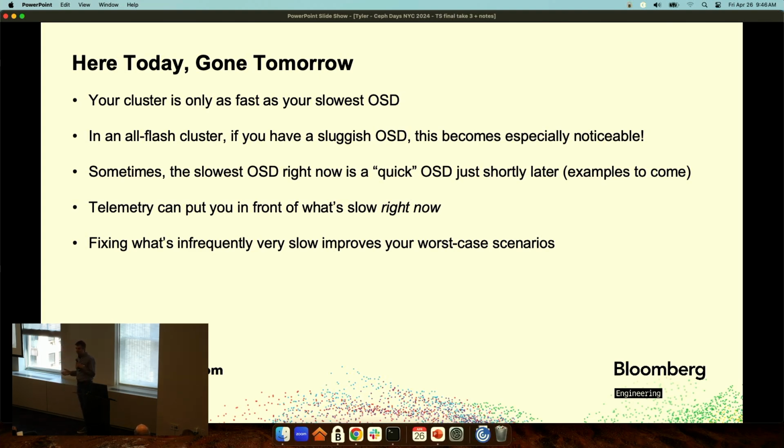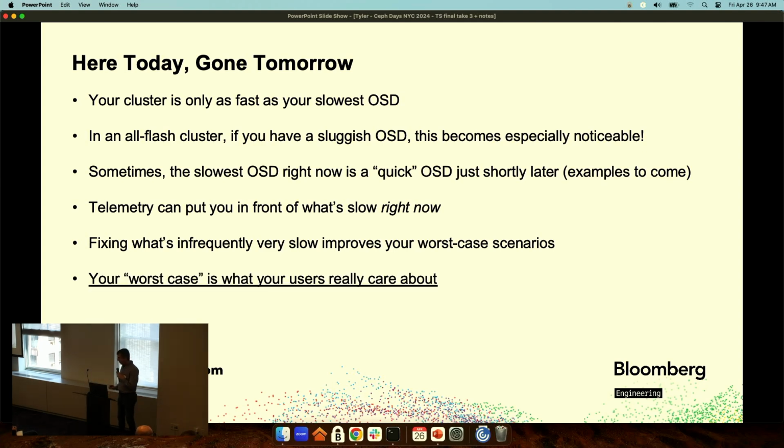If we make Ceph 30% faster, as we did when we went to Quincy, our IOPS went up by 30% in a lot of clusters. They didn't really notice. But when there's blocked I/O, they very much notice. So your worst case is what your customers really care about. And so a lot of our optimizations are understanding when things go wrong, why they went wrong, and how we can mitigate them.